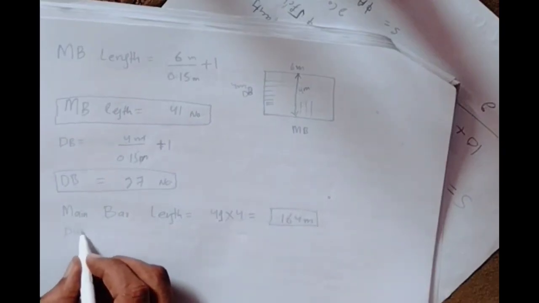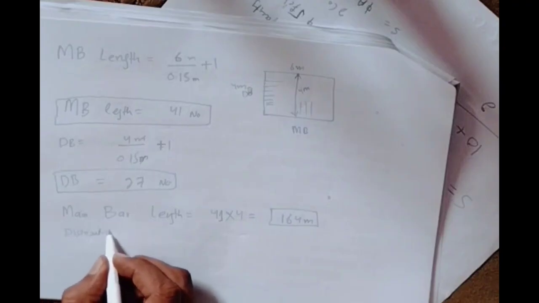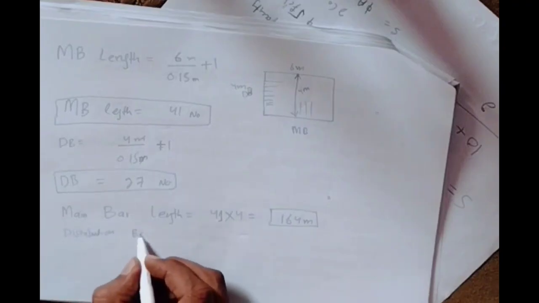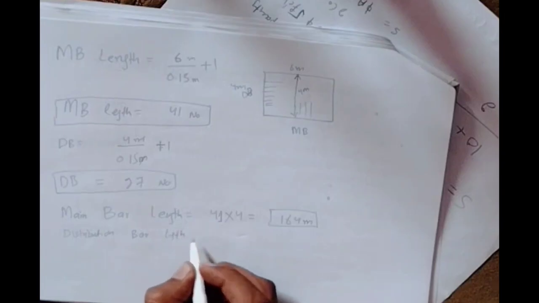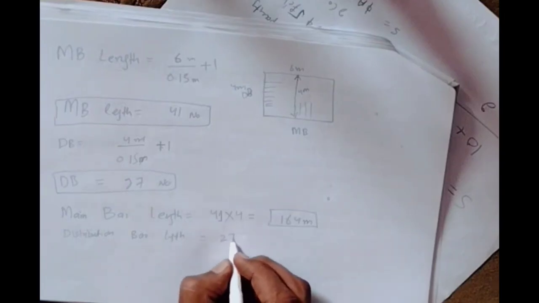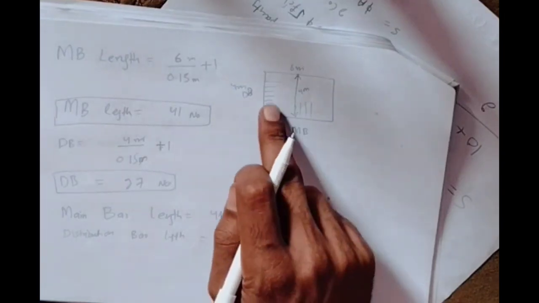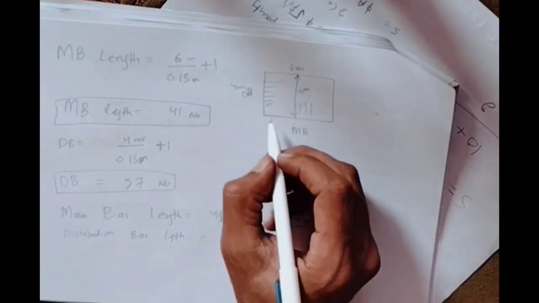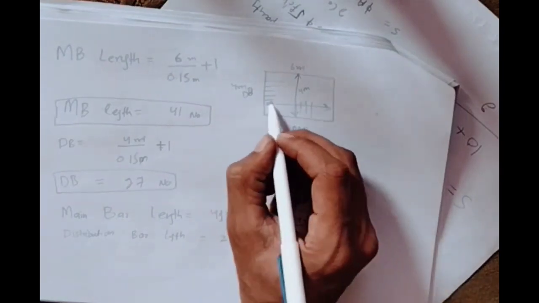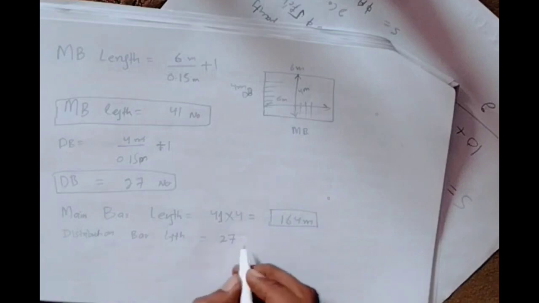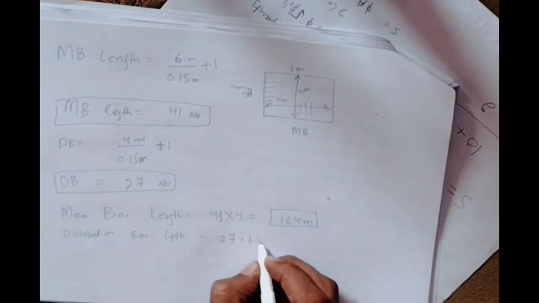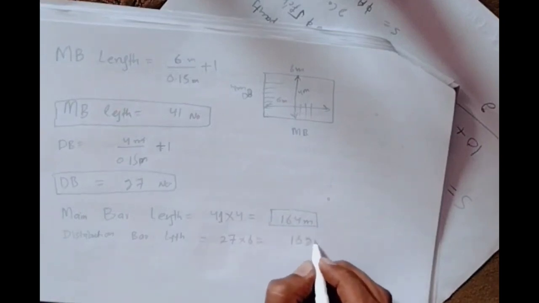Now the distribution bar length will be equal to 27 multiplied by 6 meter, because the length of each bar is 6 meter. So here I am writing the number of bars 27 and the length of each bar equal to 6 meter. So 6 multiplied by 27, we will get 162 meter.